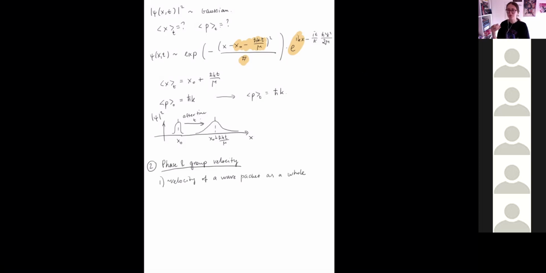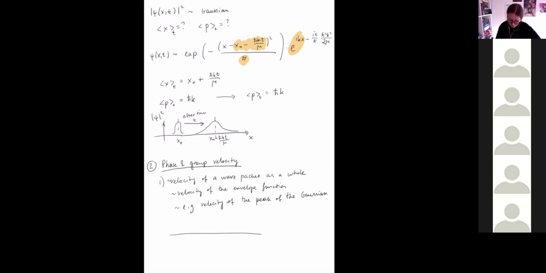For the Gaussian wave packet, this will be the velocity of the peak of the Gaussian, or the velocity of the envelope function. And this is called the group velocity.